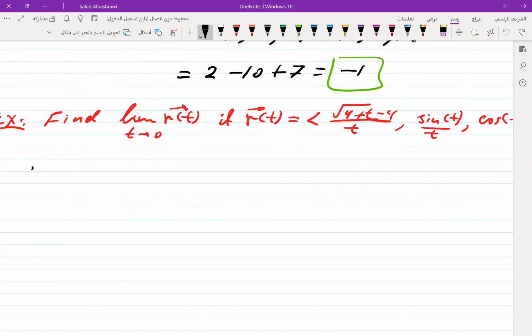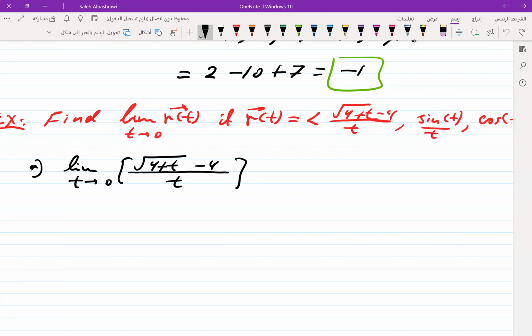So the first component. Let's find the limit of the square root of 4 plus t minus 4, divided by t, when t goes to 0. Now if we substitute t by 0, I will have 0 over 0.